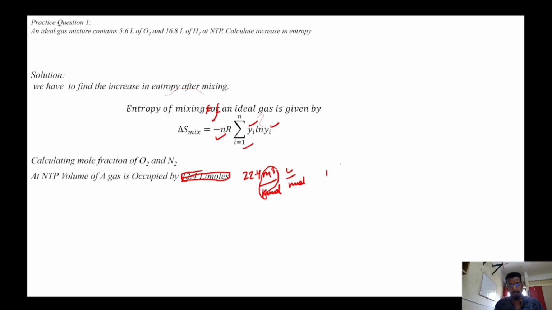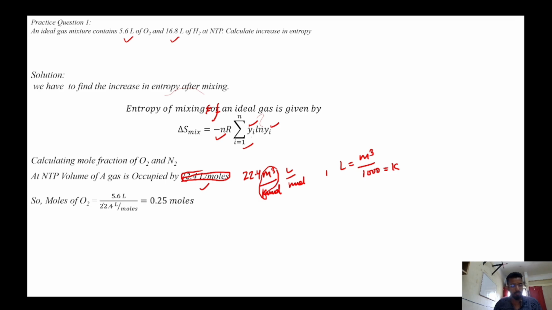Because liter is equal to meter cube by 1000, and 1000 is K, right? So both are the same. Since O2 and H2 are given in liters, we will calculate the mole fractions.